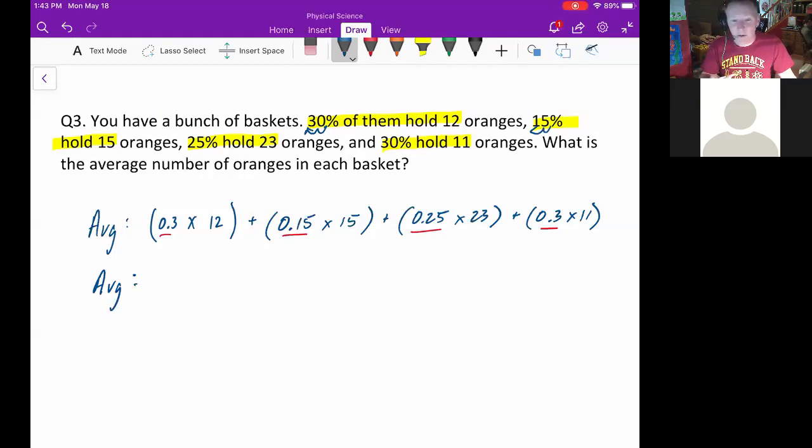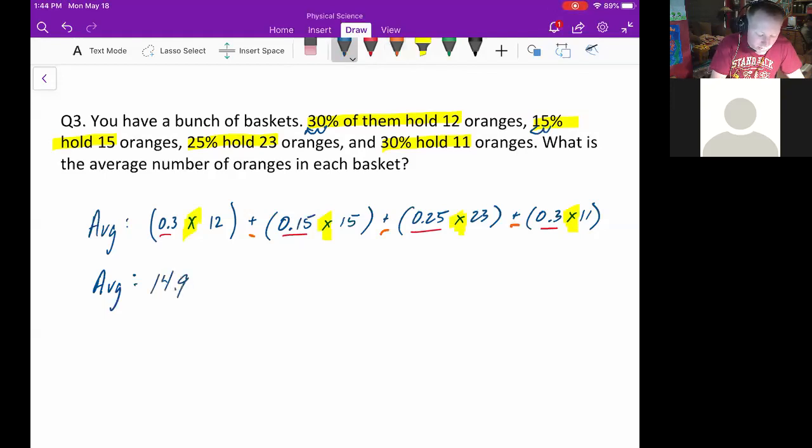I don't really need to, because a calculator will interpret these multiplications as multiplying and dividing goes before addition and subtraction. So it's going to automatically do those first for us, and then it will come back and do the addition between those terms. And so I end up with 14.9 for my average this time.